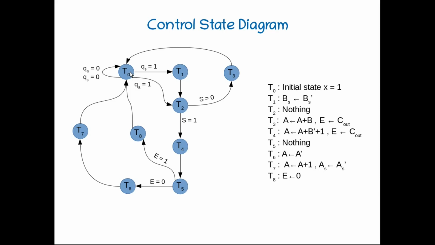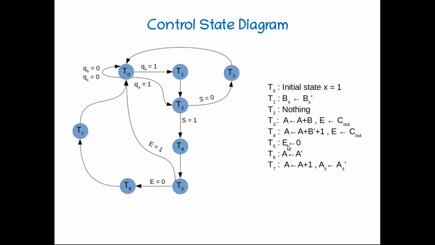If you look at this T8, actually we can remove T8 from our state transition diagram by performing the operation E is equal to 0 in T5 itself. Then we can remove the state T8 from our diagram like this.